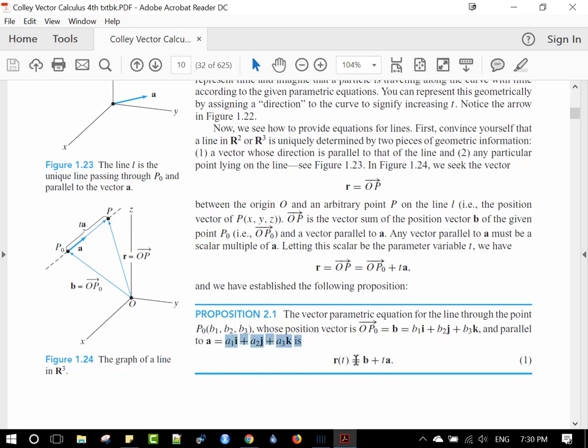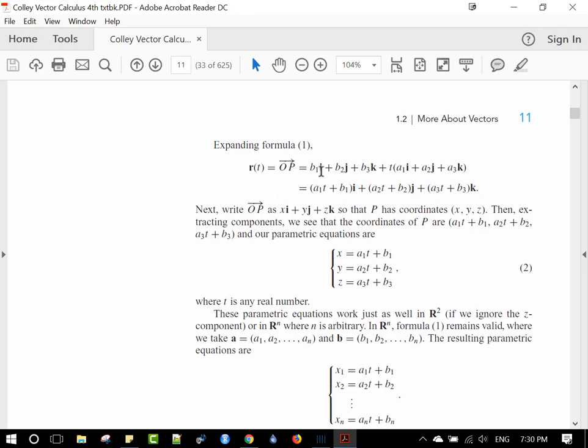So we get r equals some combination, and another combination. Then we can collect the things that multiply i, which is B1 and tA1. So we get A1t plus B1 i, and then collect the things that multiply j, and collect the things that multiply k. We get this.